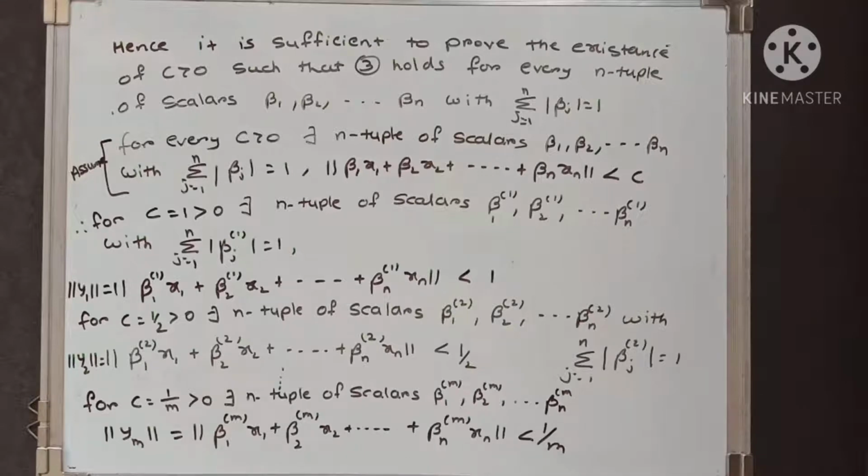With here again, about the scalars, we have summation j from 1 to n of mod of beta jm equals 1. Now this process continues.